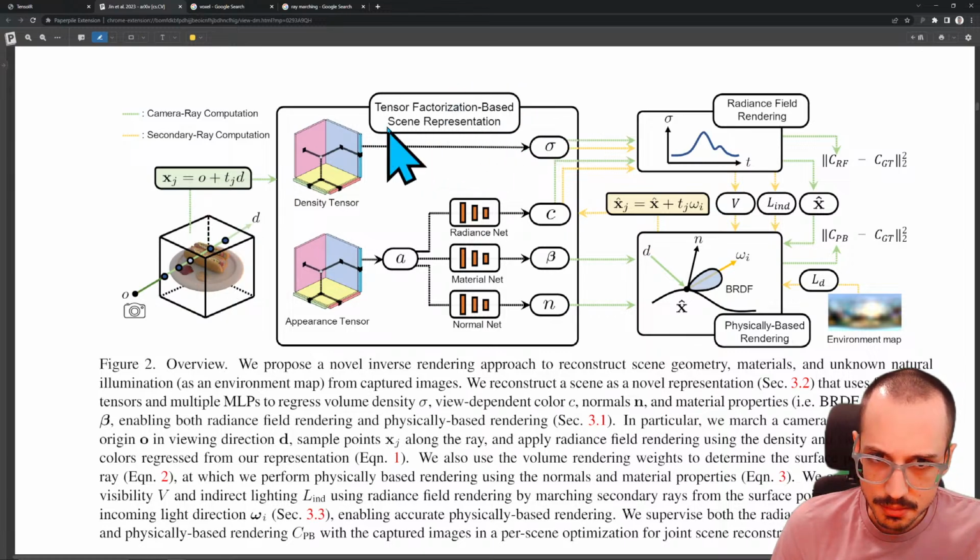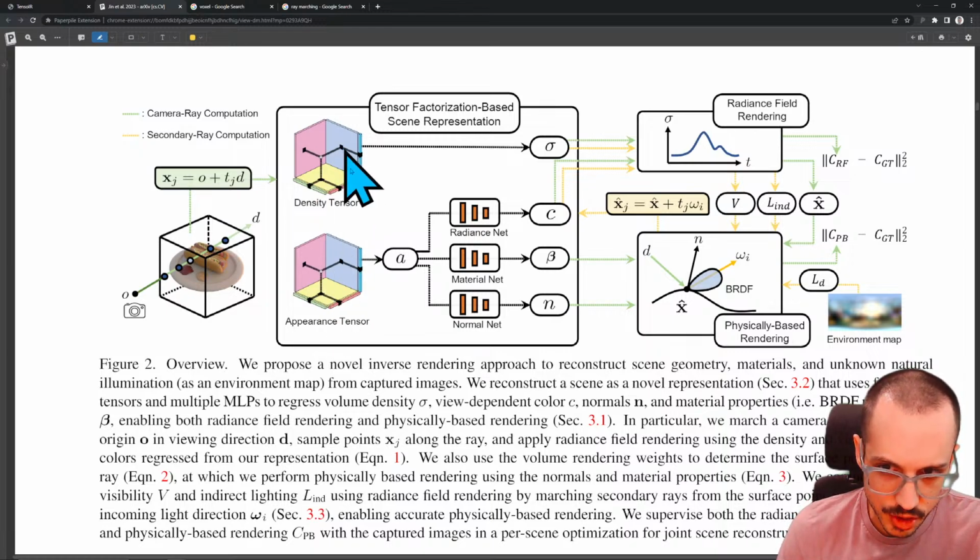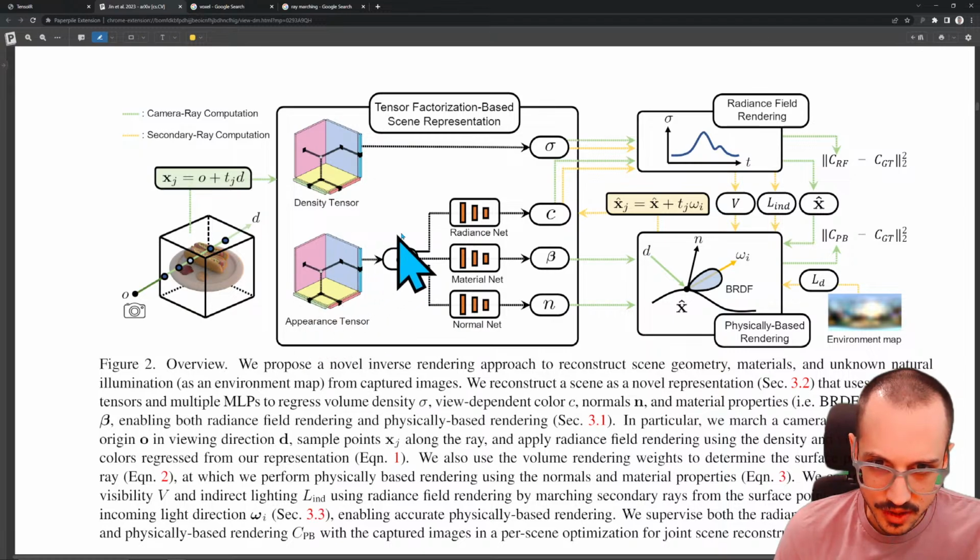Tensor factorization based scene representation. So you have a density tensor and an appearance tensor, right? So maybe these are two different things that you're trying to learn, right? Appearance is going to be your radiance, your material, and your normal.